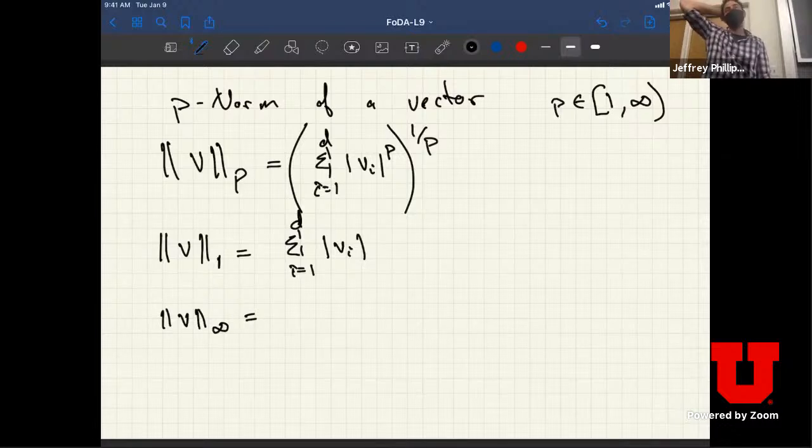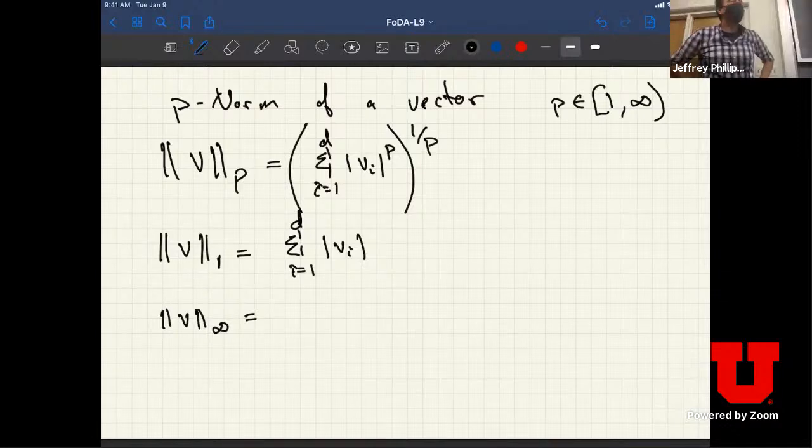Let's say I put p equal to 100. I'm going to take all the terms to the 100th power, but then take them to the 100th root. So the units cancel, that's good. It's in meters to the power 100, but then the 100th root of that, so it's back to meters again. So the units aren't affected.